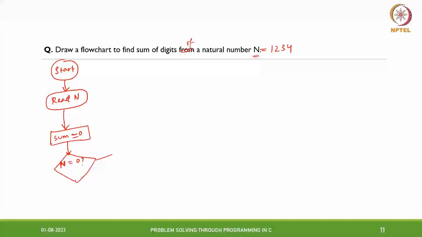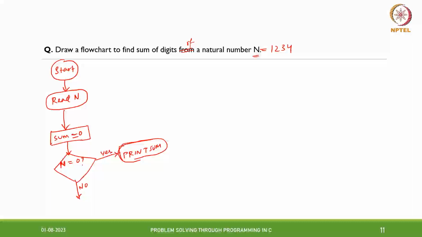Now if n is 0, then for the yes, it will simply print sum. This should be oblong. It should be printing sum. Now if it is no, then what do we do? So this is the flow control.